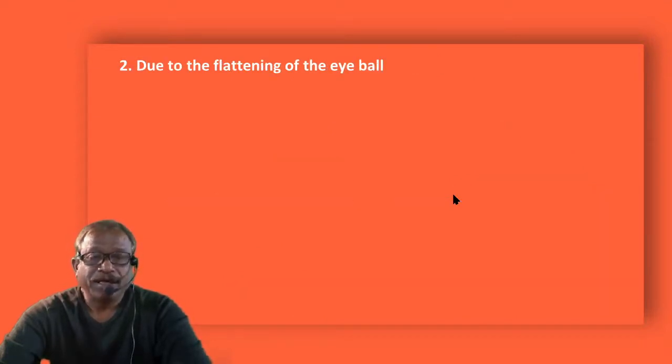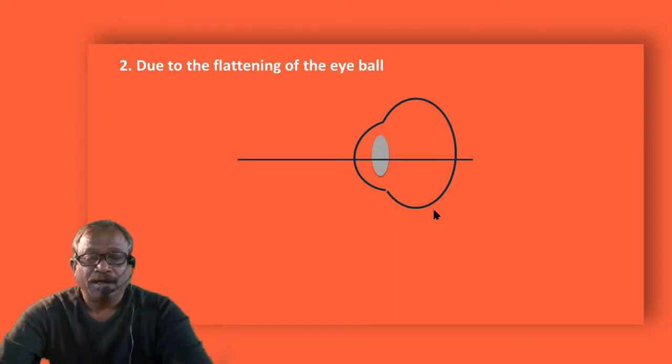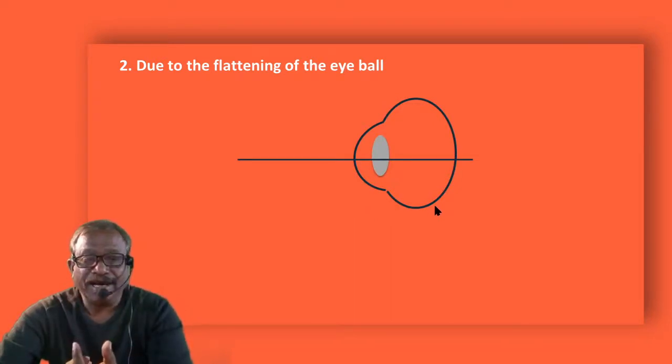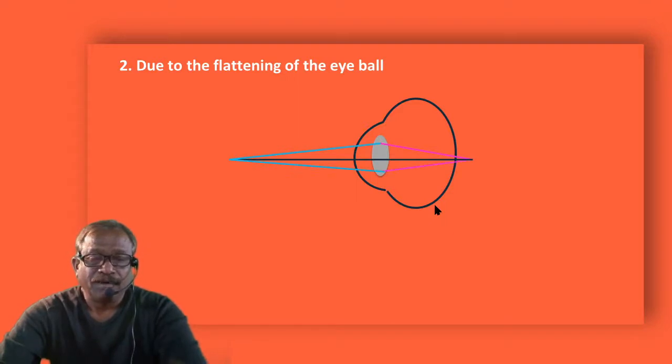Secondly, due to the flattening of the eyeball, that becomes flat. So what happens if the lens adjusts its focal length? Still, the image of the nearer object does not fall on the retina because of the flattening of this eyeball.